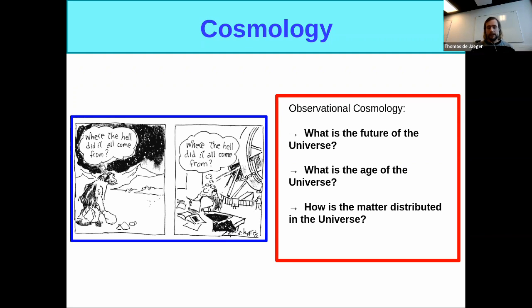And also, you can measure how matter is distributed in the universe. This is mostly what I'm working on, but in this talk, I will focus only on the age of the universe, meaning the Hubble constant.